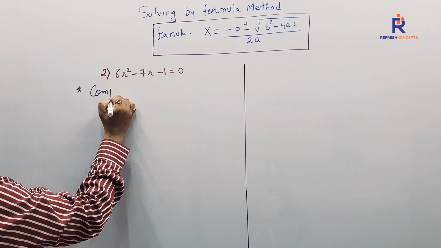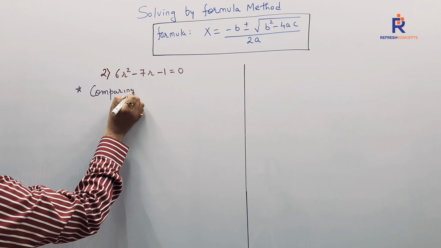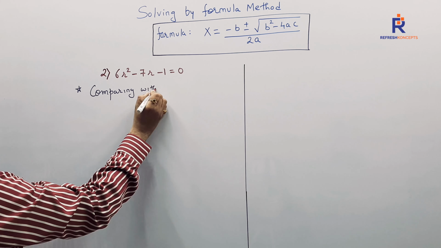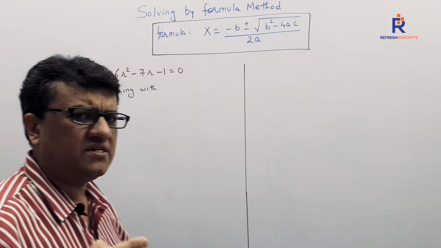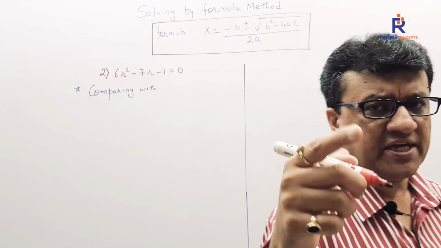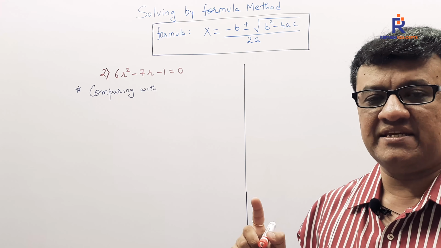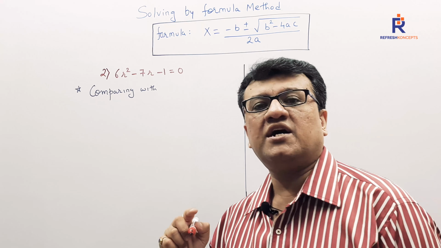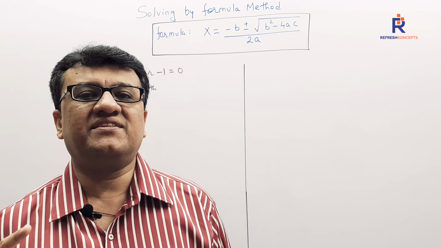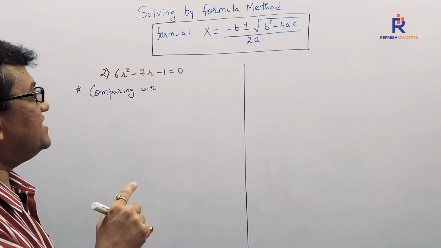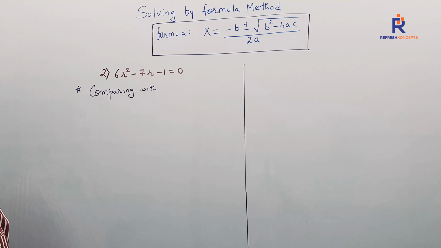Comparing with, if you can recollect what was in the previous sum, we compared with ax square plus bx plus c. The reason was our question also had the variable x. In this particular question, our variable is r.